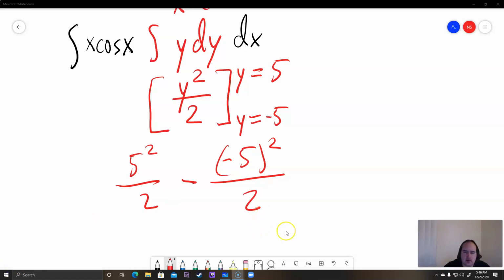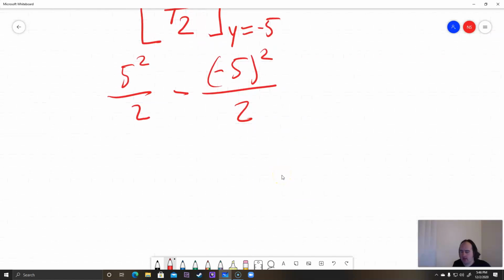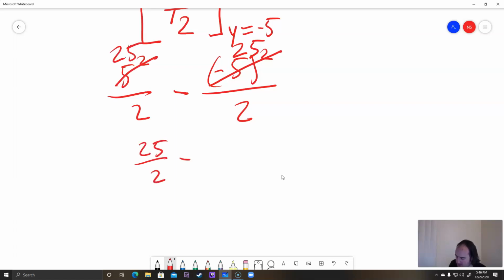Okay, so the thing that's interesting about this problem is -5 quantity squared is going to give us +25. But we have a minus out front. So we've got 25 halves minus 25 halves, which is actually just 0.